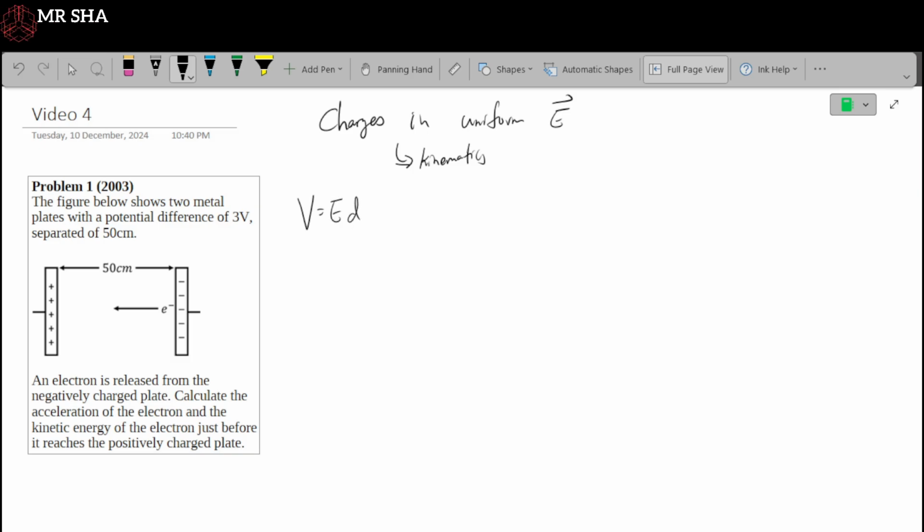So my electric field strength is simply going to be V over D. That means it's going to be 3 over 0.5, which is 6 Newton per Coulomb. So that's going to be my electric field strength.